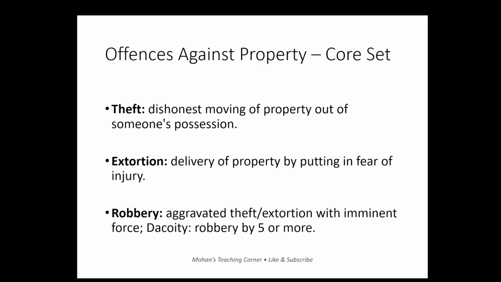Offenses against property: theft, dishonest moving of property out of someone's possession. Extortion: delivery of property by putting in fear of injury. Robbery: aggravated theft, extortion with imminent force. Dacoity: robbery by 5 or more.